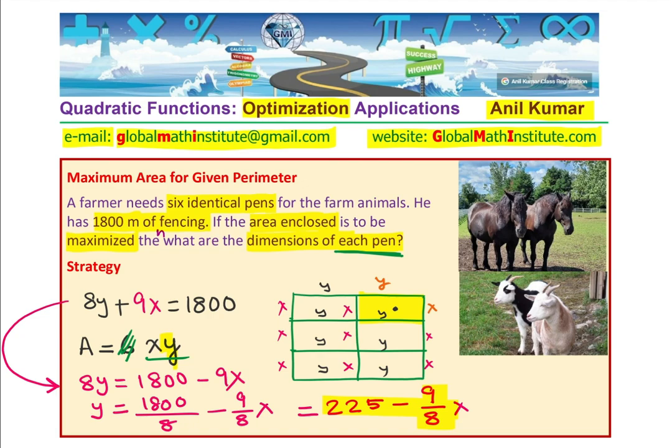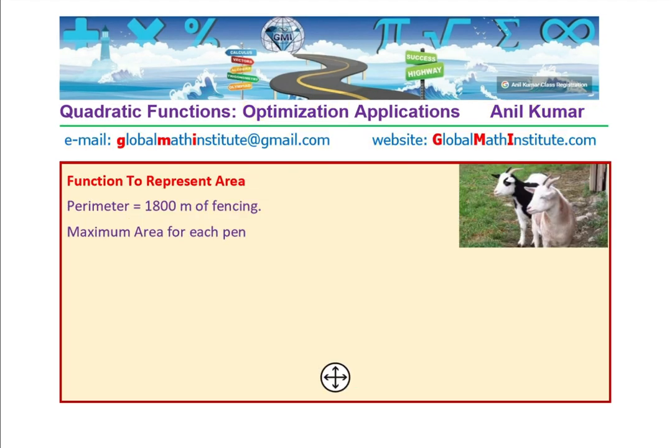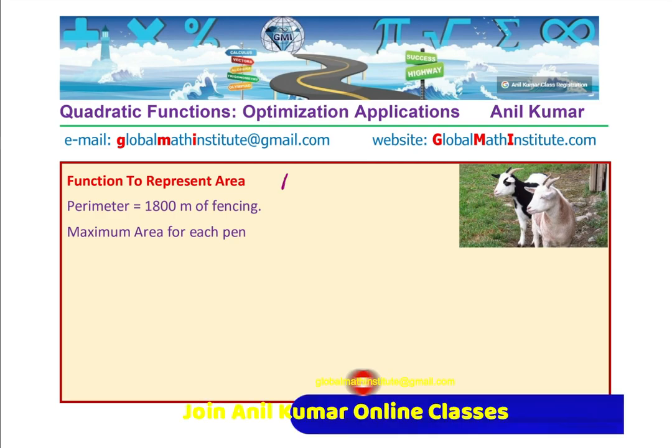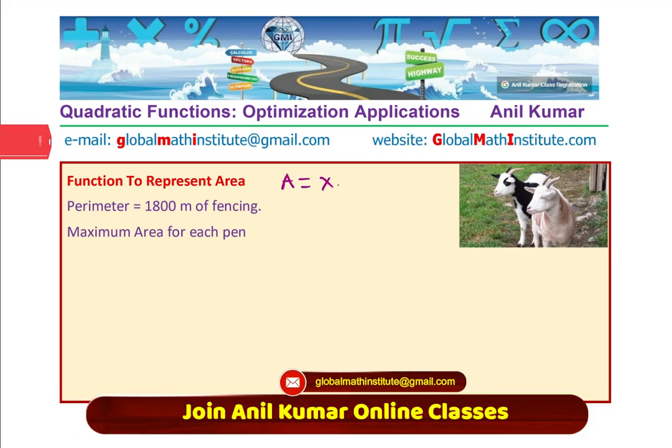Okay. So let's continue with this on a fresh page and write down the function. What we just discovered is that we have a relation where area is equal to x times y, and this area can be written as x times the y value in terms of x.